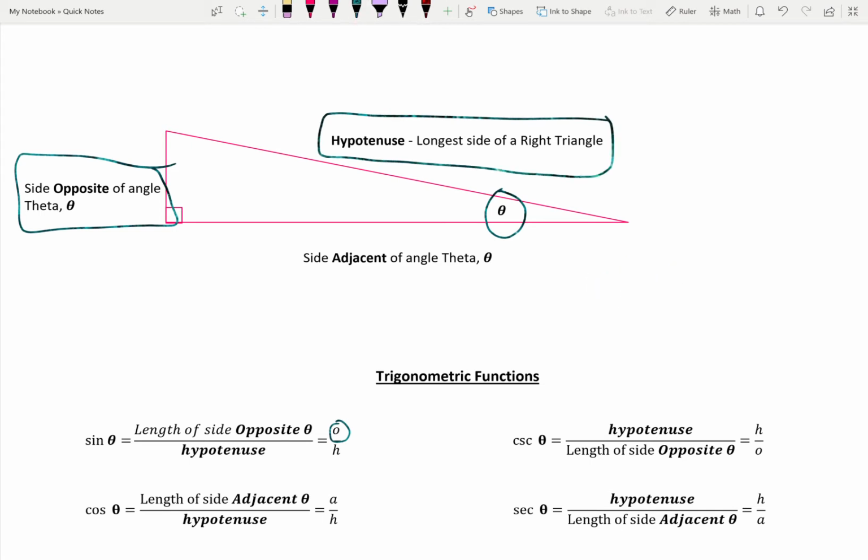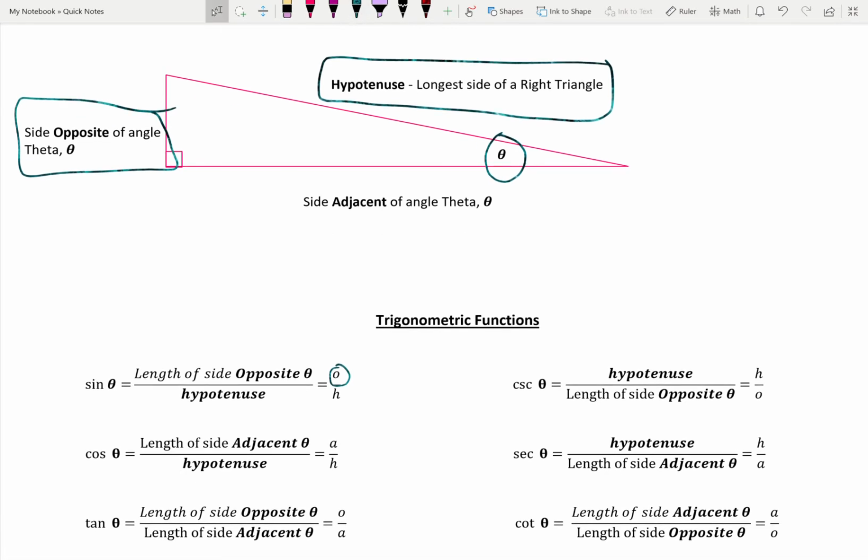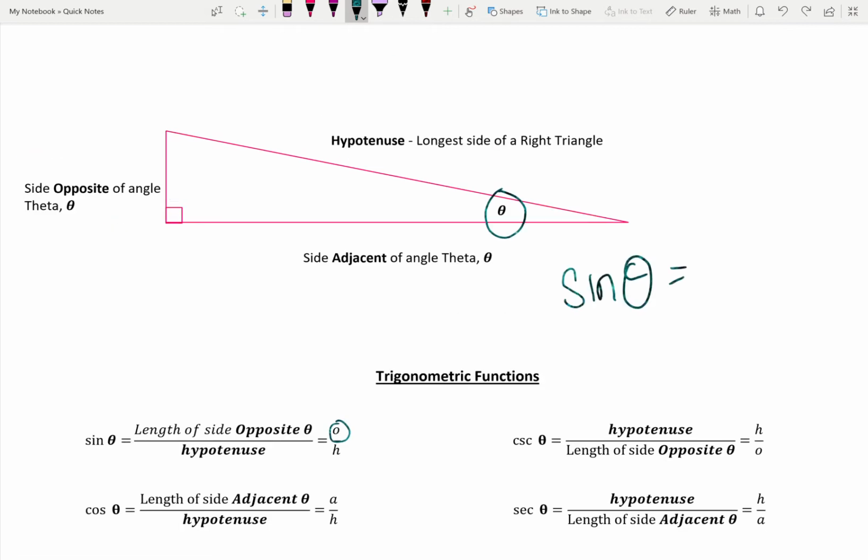And if I am talking about cosine, I'm going to set up a ratio between the adjacent side divided by the hypotenuse to compute cosine theta. Now, we haven't really talked about what sine theta is or what cosine theta is, so we're taking it at face value right now. I just want you guys to remember these definitions that you probably used in high school.